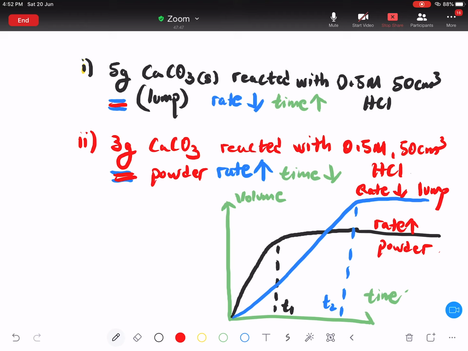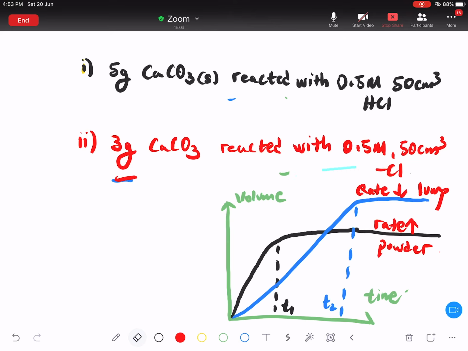Sekarang guys, okay, dah screen capture, saya nak padam ni. Okay, guys, tolong lakarkan graf. Tolong lakarkan graf yang untuk eksperimen ini. Ini powder, ini lump.